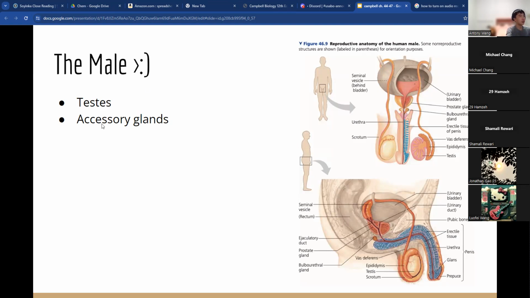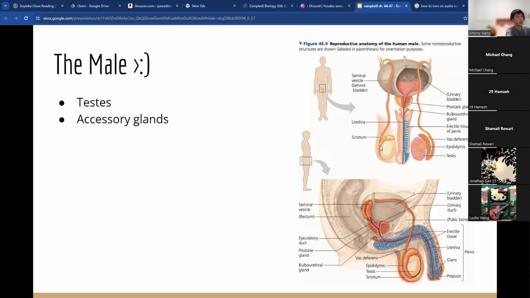The male. So where do I even start? Okay, so I'll just give you an overview of this. These are the testes. This is the epididymis. In the testes, the germ cells begin developing into sperm.